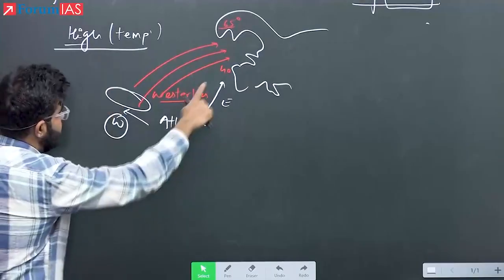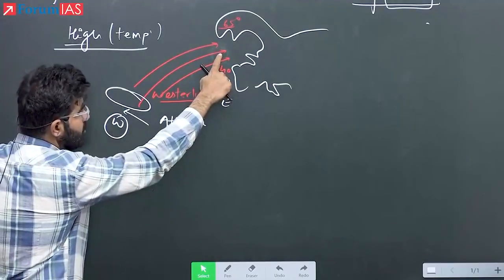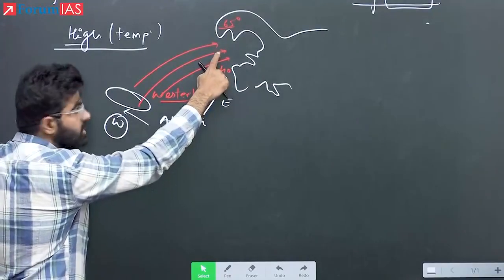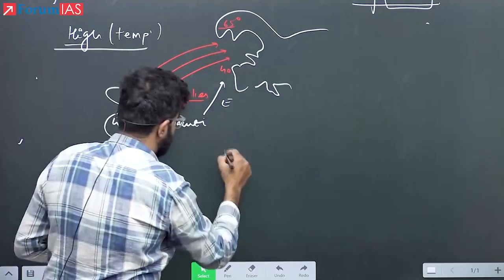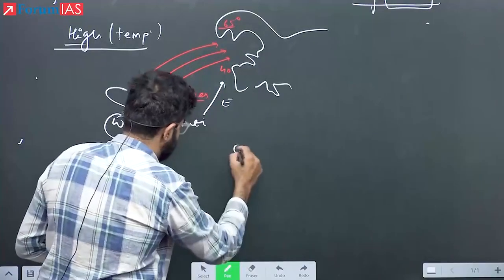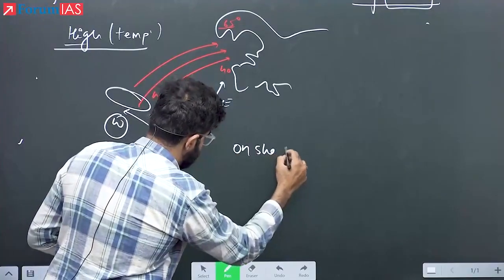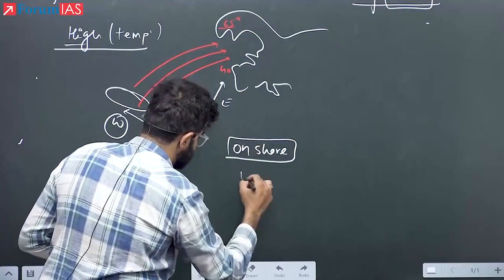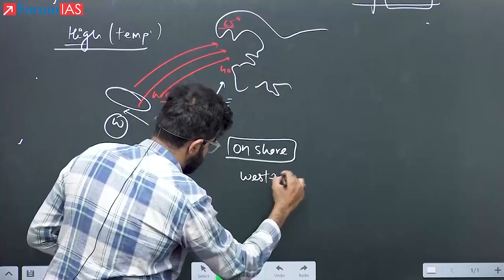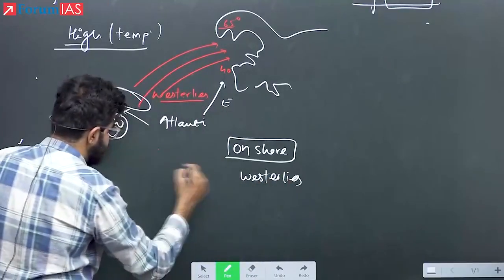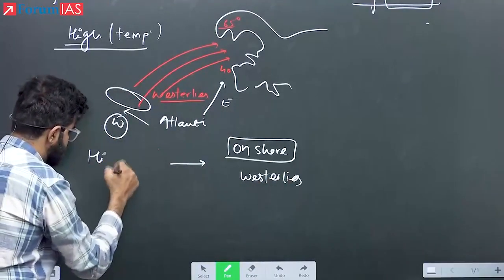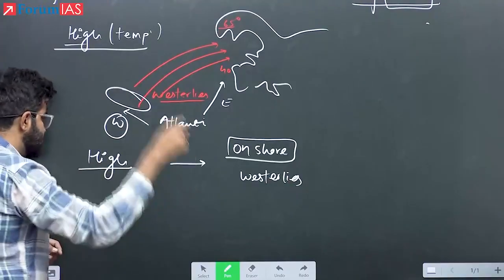Now see here. In case of higher latitude, this time is it offshore or onshore westerlies? Onshore westerlies they are. So write down onshore westerlies. Be careful with these words. You can be played with the words also. Onshore westerlies in the higher latitude, they are responsible for warming of which margin of the continent?